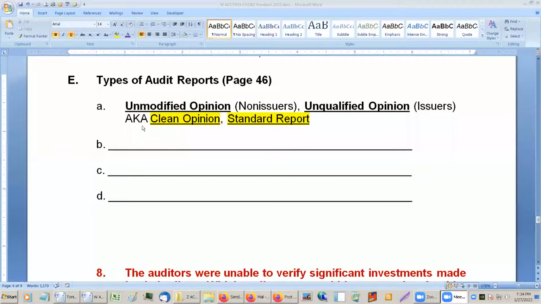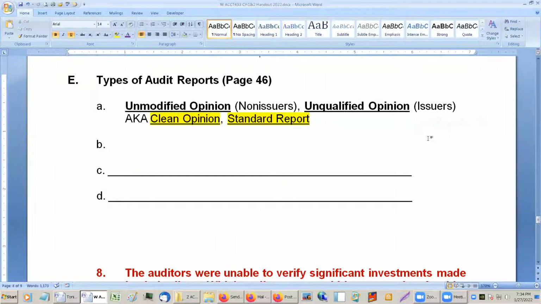These are exactly what they say they are, and I'm not going to add anything else onto it. So unqualified, while it sounds bad, is actually good. So the uns are good. That's what people want. Unmodified, unqualified. That's the type of opinion you want. So it's called a clean opinion or standard report, same thing. Okay.